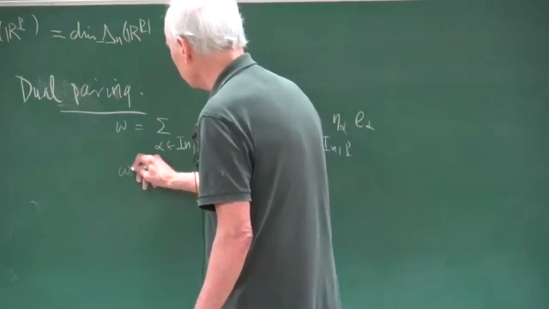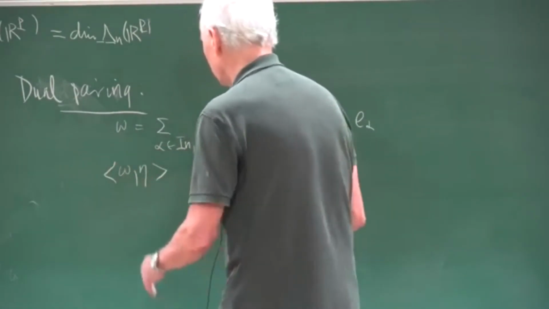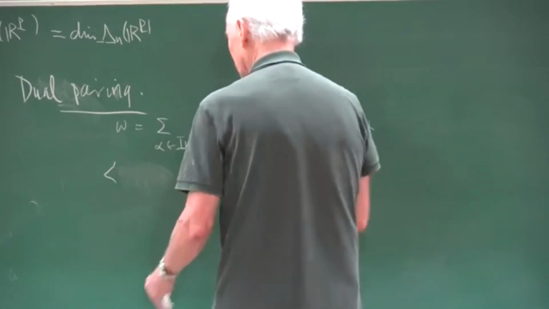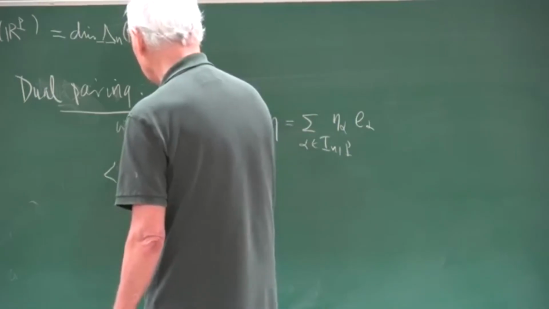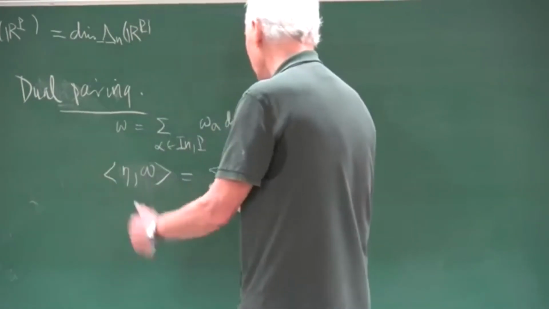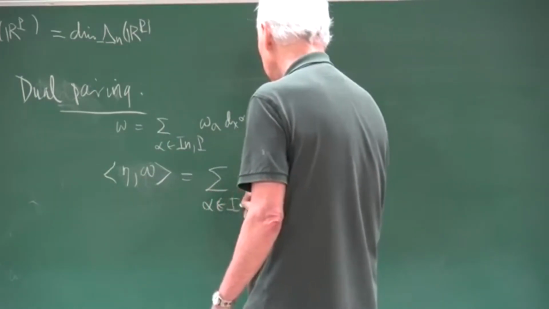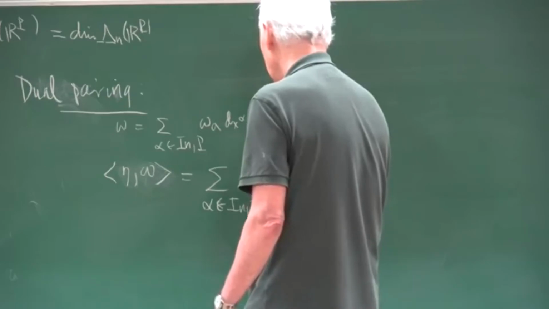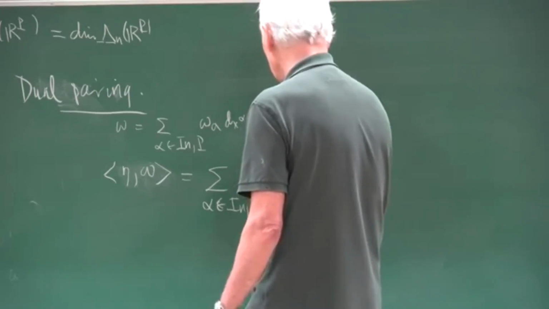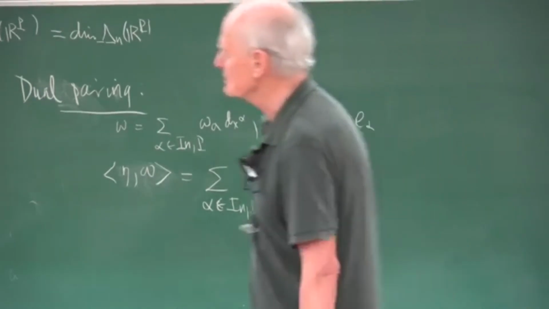The dual pairing, which we denote omega eta, in fact it's usual to write it the other way around. It'd be convenient for us to write it the other way around. So eta omega is just, again, this sum, eta alpha times omega alpha, like so. So you've got all those things.